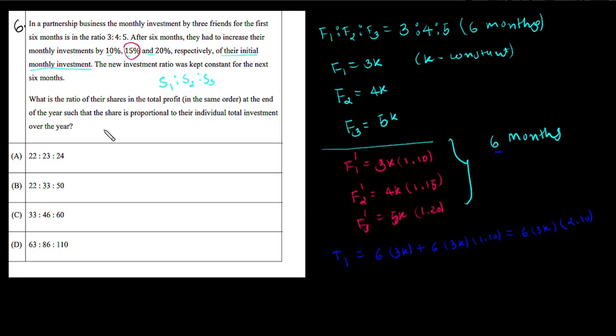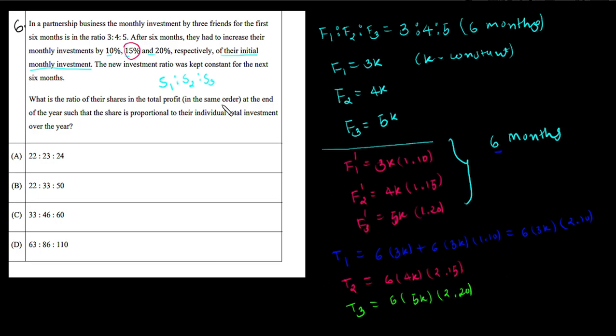In the same way, the total investment from this second friend, which I have represented as T2, the total investment during the year from this second friend, is 6 multiplied with 4k multiplied with 2.15. In the same way, the total amount of money invested by this third friend, let's represent it as T3, is again 6 multiplied with 5k, again multiplied with 2.20.